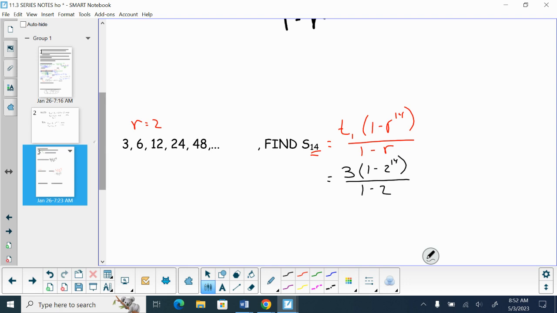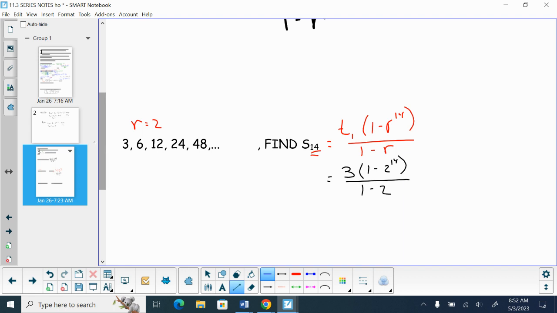Just have to watch your negatives here. You have to watch your negatives when you deal with your exponents. When your ratio is a negative, I would suggest that you quantify that on top.